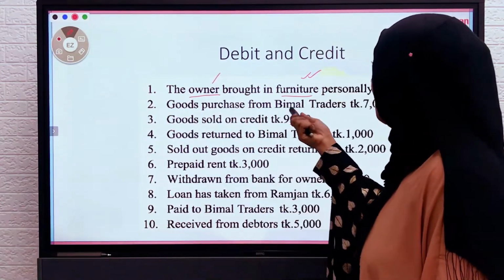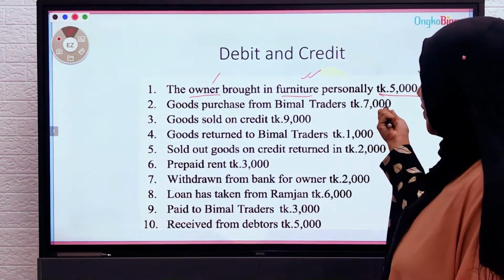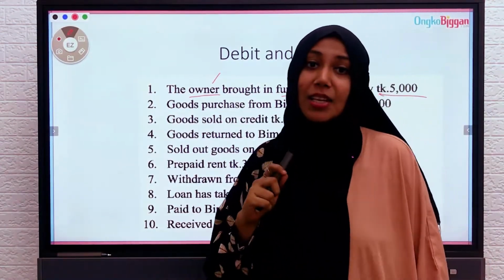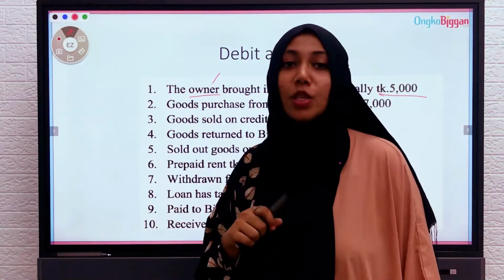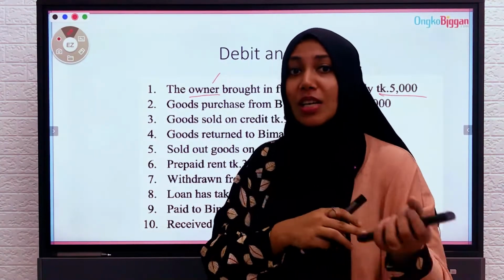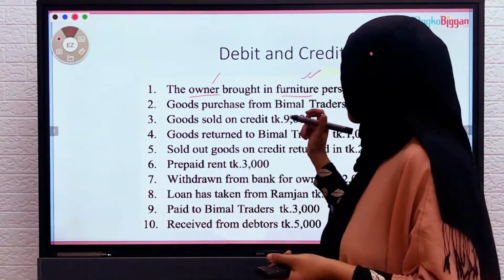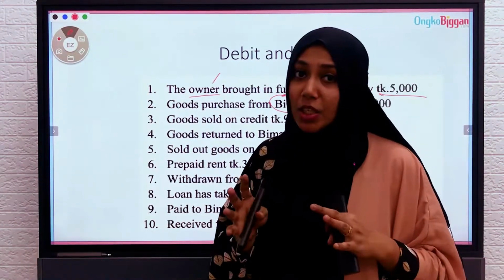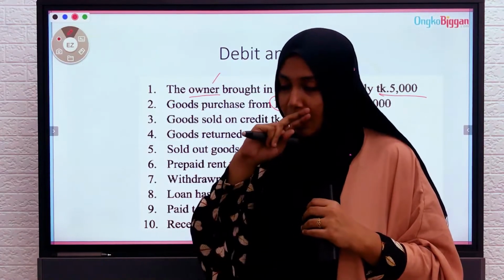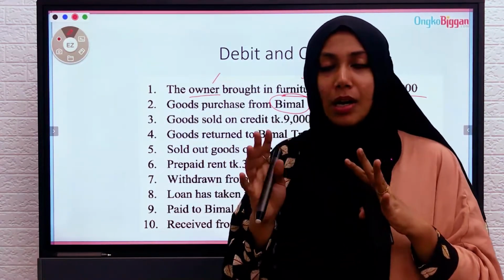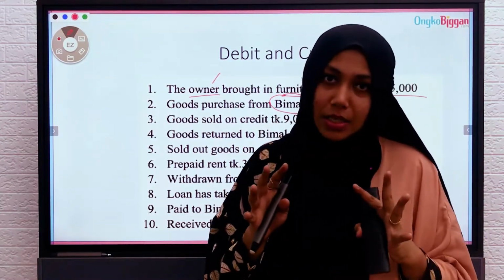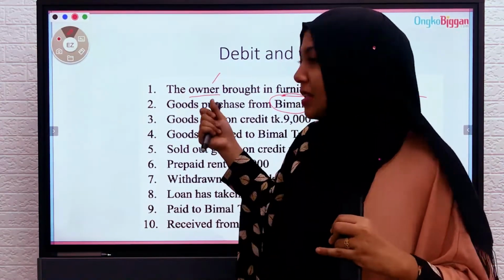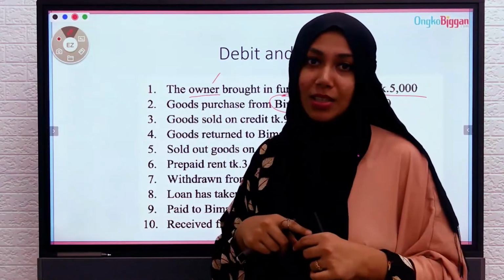Goods purchased from Bimal Traders, 7,000. Here is the thing. As I told you, if nothing is mentioned, you will have to consider that this transaction is on credit. But here the name Bimal has been mentioned. When the creditor's or the customer's name is given, that means this transaction is on credit.